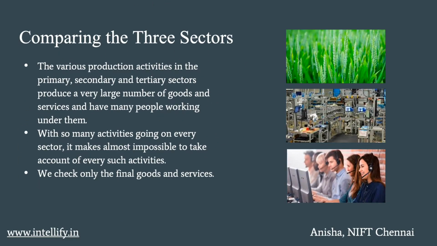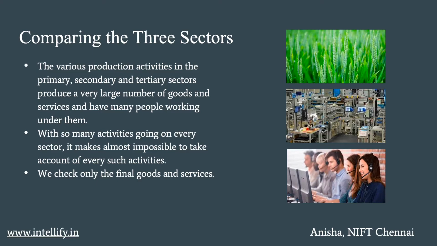The various production activities in the primary, secondary, and tertiary sectors produce a large number of goods and services. Furthermore, they employ a lot of people to produce these goods and services. The next step, therefore, would be to see how much goods and services are produced and how many people work in each sector.